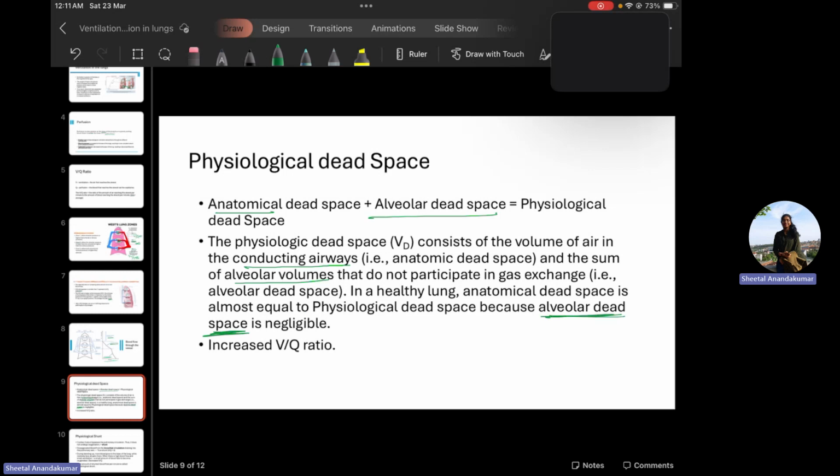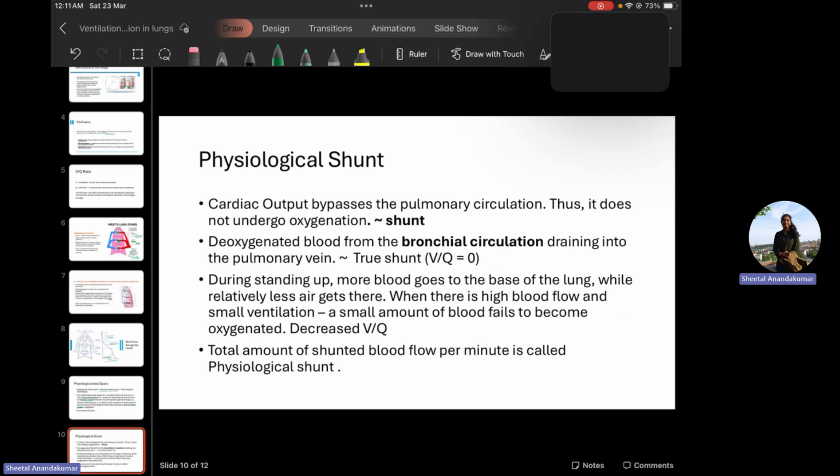Physiological shunt is the total amount of shunted blood per minute. That's basically what a physiological shunt is. It is the blood pumped out of the right ventricle that bypasses the pulmonary circulation and drains into the pulmonary vein.